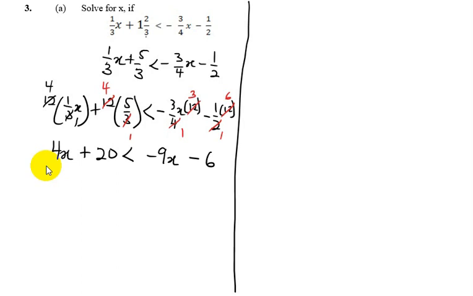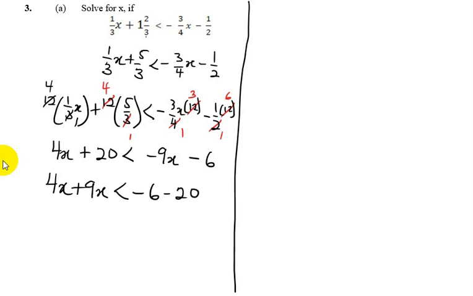Now from there, we have to group them. The x's have to go to one side, and the numbers also have to come to one side. So we are going to get 4x. Now 9x moves, crossing the sign to change to plus 9x. Then less than minus 6 is here already, and this is also crossing to get minus 20.